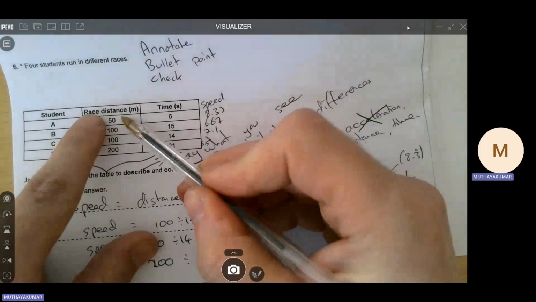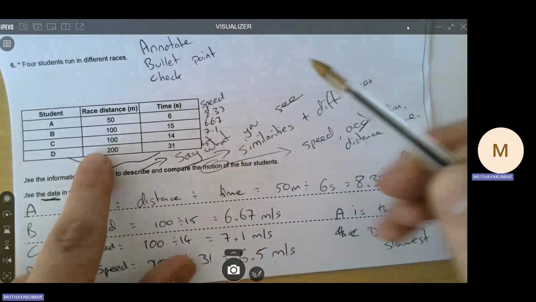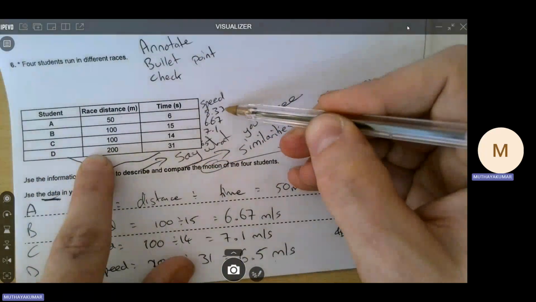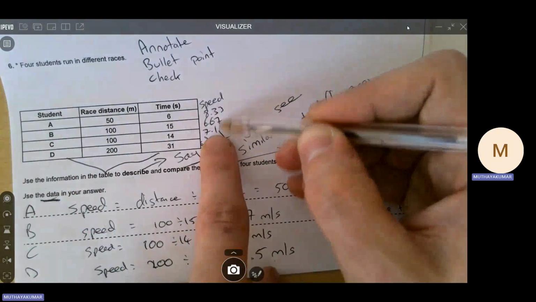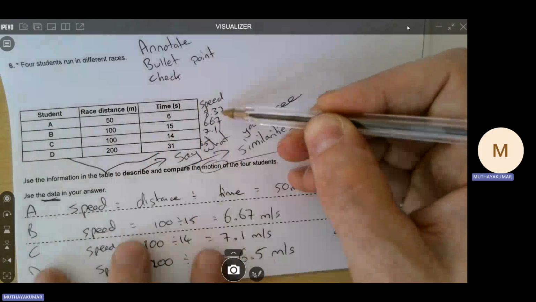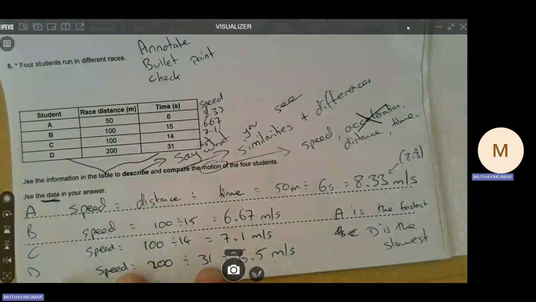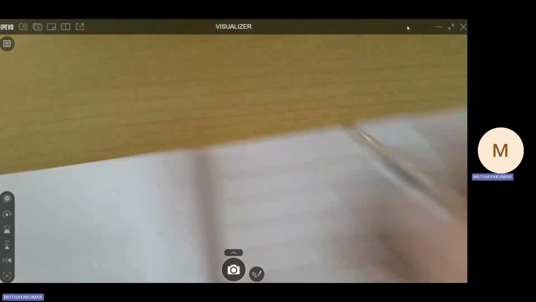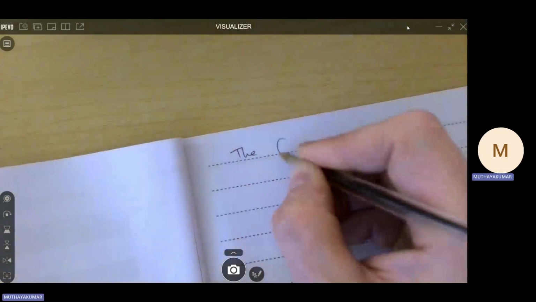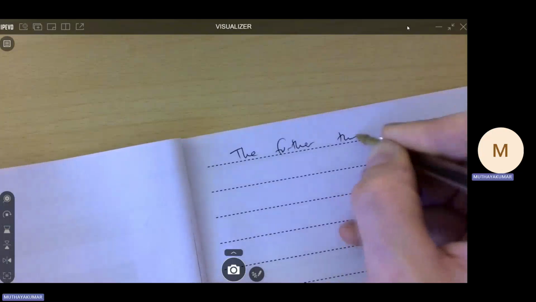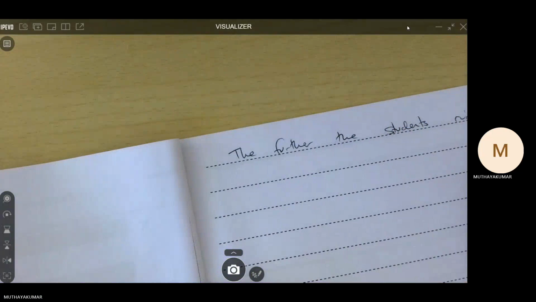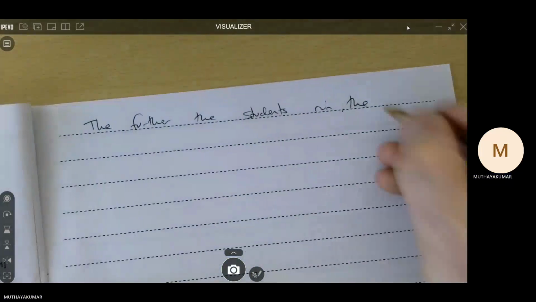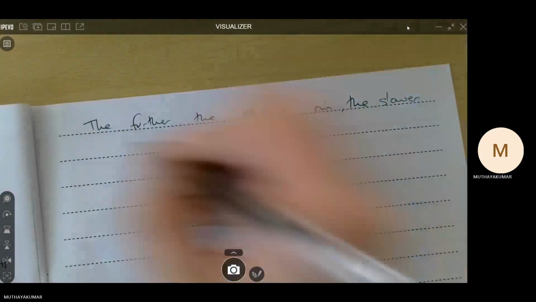They are traveling a further distance and the speed seems to be going down. Okay, it's not entirely true here. They travel the same distance, but it's kind of true. So it's worth saying it's a pattern, a difference between them. So I could say something like the further the students run, the slower they run.